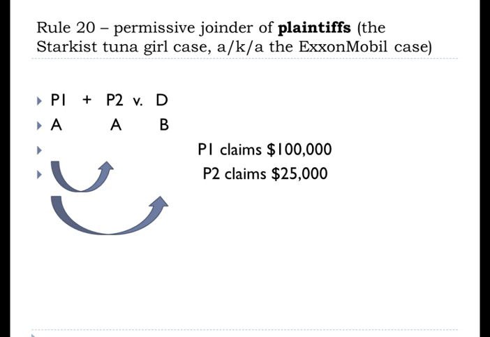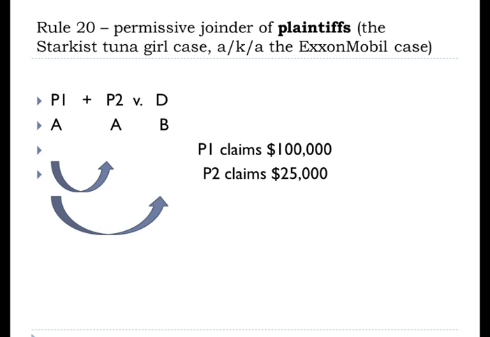This time Plaintiff 1 has a claim against the defendant. Sorry, those arrows are not pointing the right place. I apologize. But disregarding the placement of the arrows on my diagram there, Plaintiff 1's claim against the defendant is for $100,000.